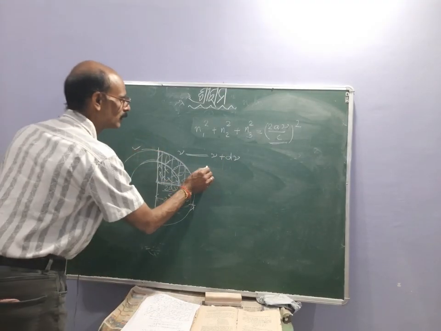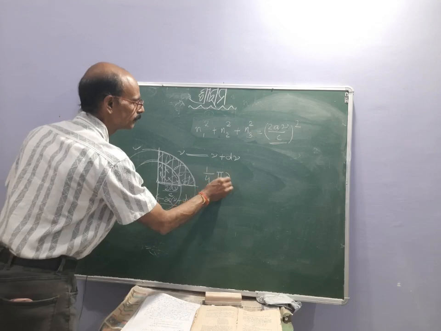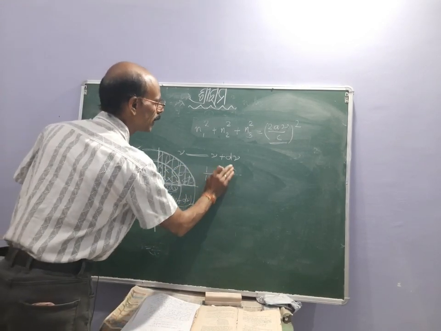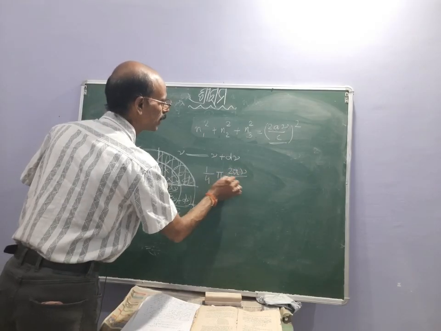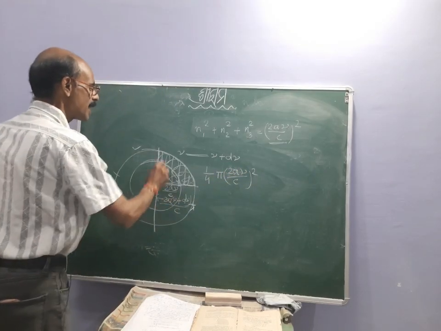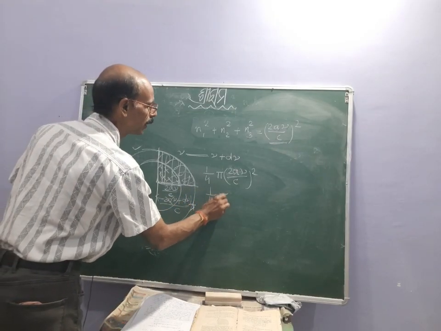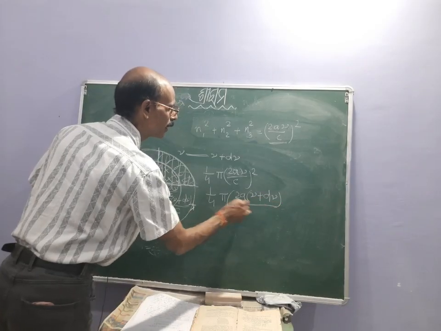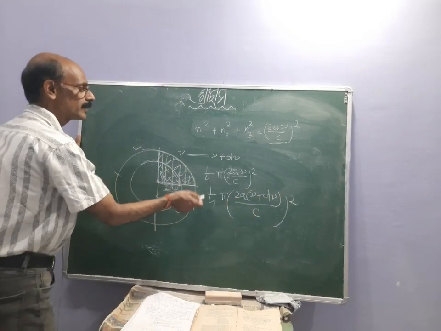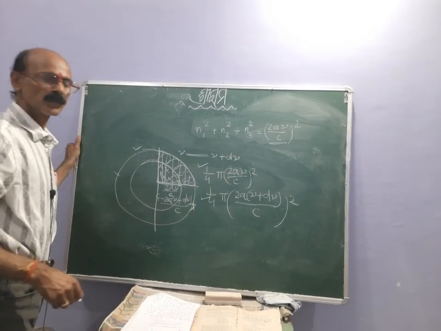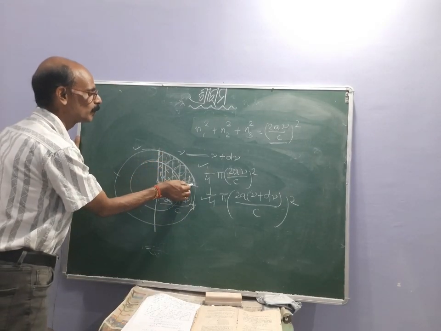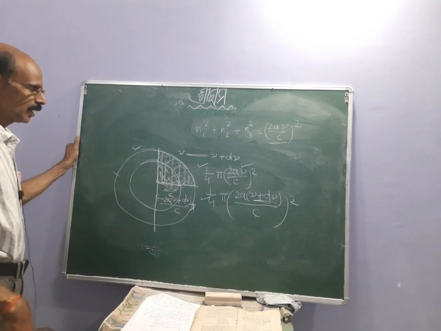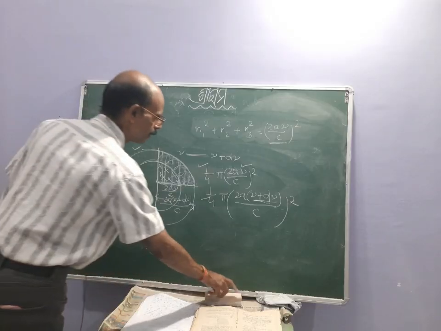What is the area of the quadrant? 1/4 πr². Πr² is the area of the circle, and the quadrant is 1/4 πr². So in place of r, 2aν/c whole square, and for this one 1/4 π (2a(ν + dν)/c) whole square. If I subtract this from this, then I will get the sets of modes of vibration within the range ν and ν + dν. This is for the equation of a circle.